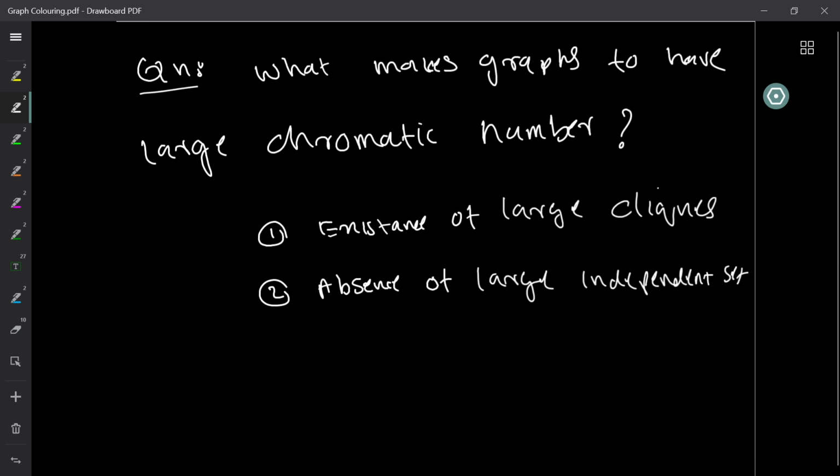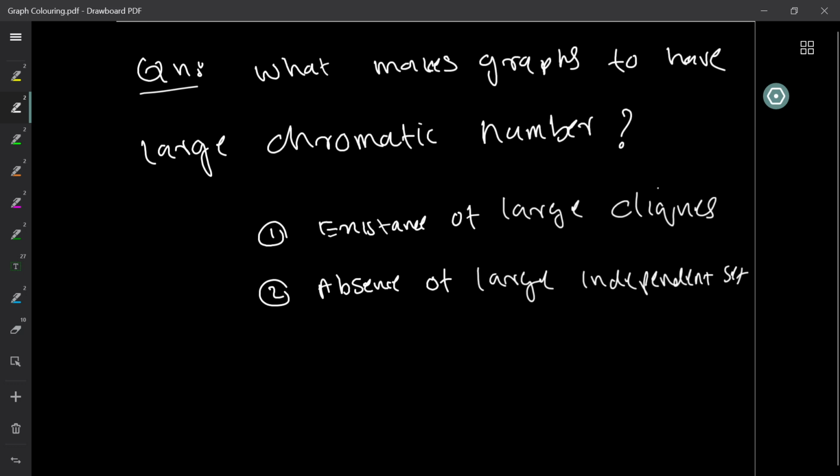So if you have many large independent sets, then each of the independent sets can be given separately one of these colors, and then you have finished with so many vertices. Then for the remaining you can just see what is the best you can do.